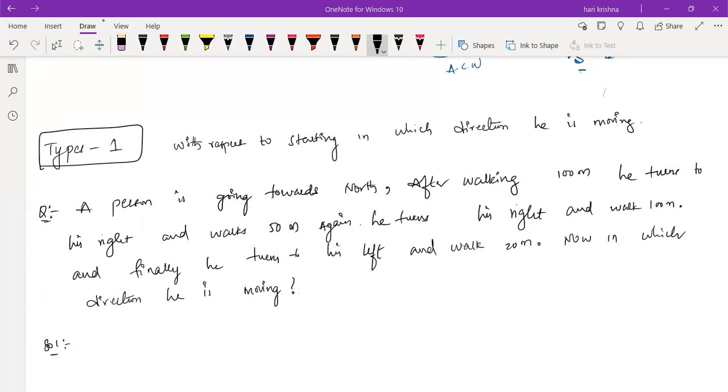Good. Amrita Patnaik. The remaining persons who got the answer.